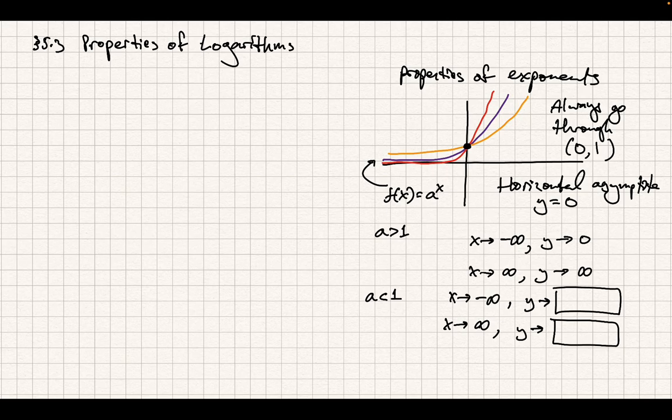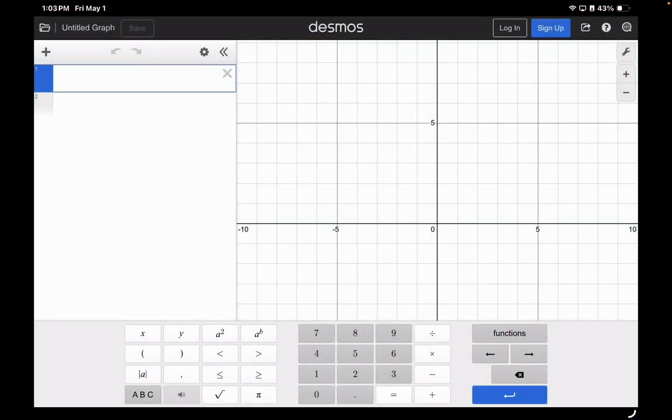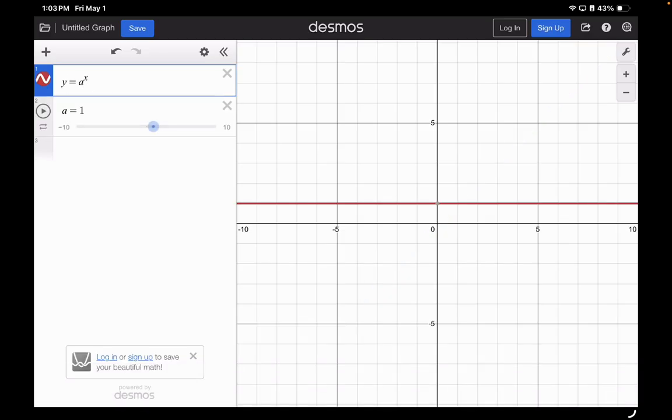All right, so let's put in some different bases. I'm going to use a in Desmos as well. So let's do y equals a to the x, and I'll make a slider. What does it mean when a is 1? 1 to the x. It's just a line.